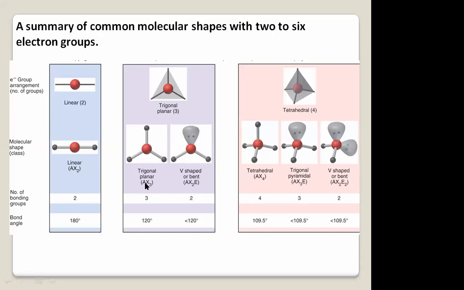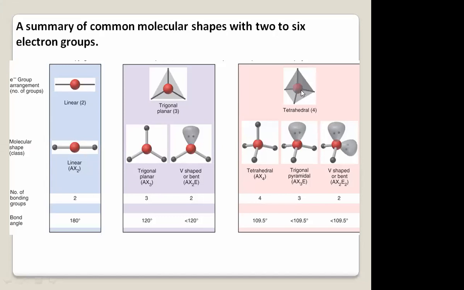You can have AX3 or AX2E. In AX3, you have 3 bonds. In AX2E, you have 2 bonds. In AX3, you have an angle of 120. In AX2E, you have an angle reduced to less than 120 because of the repulsion by this lone pair. This lone pair will repel the bonds to give you a V-shaped bent shape.